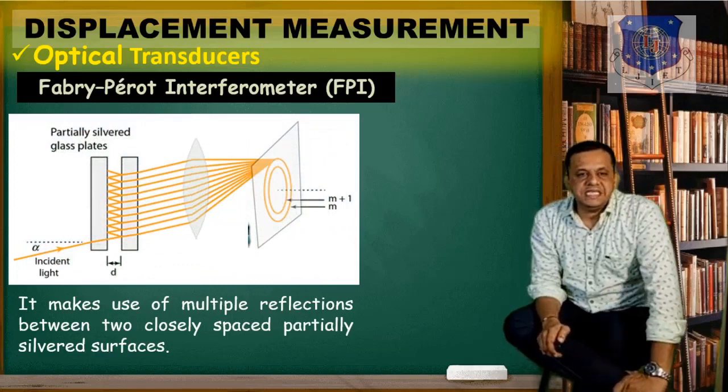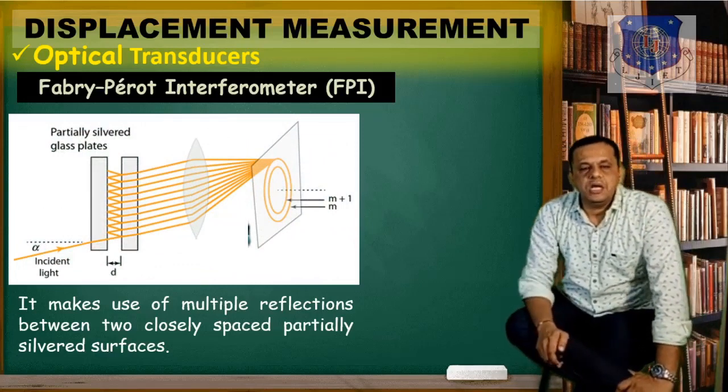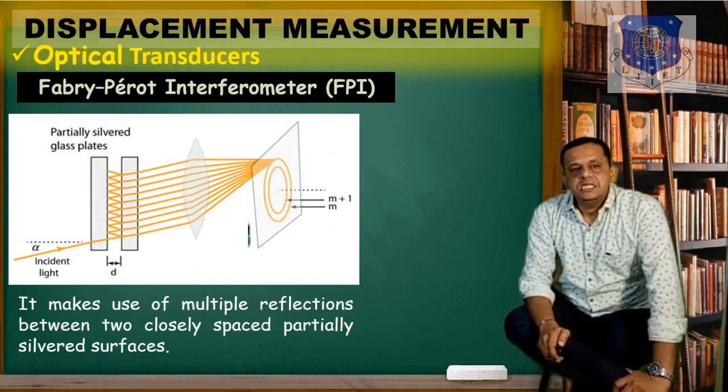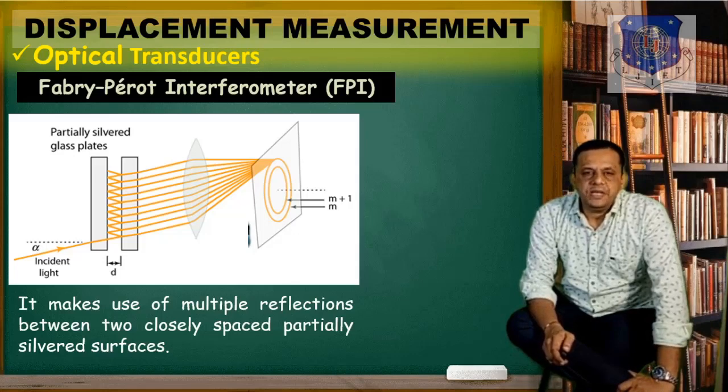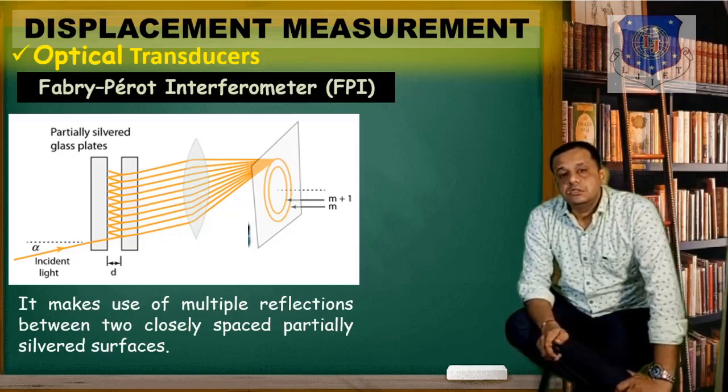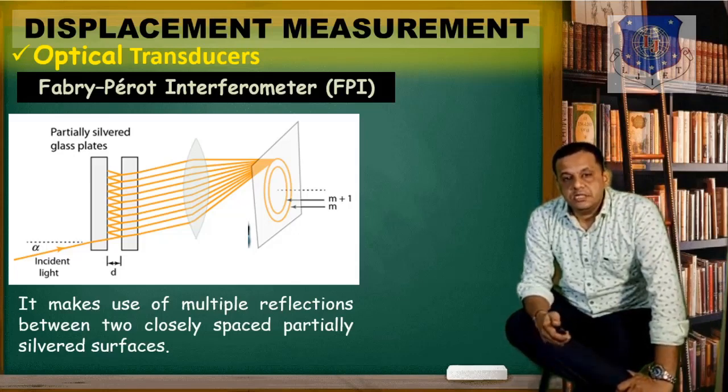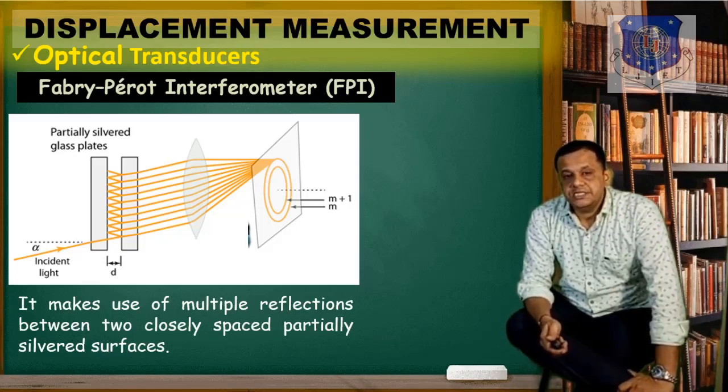You see here the incident light at angle alpha and the small distance d. The glass plates or silver plated plates are there, and the reflections are measured on the detector, which may be a digital detector or an analog detector.